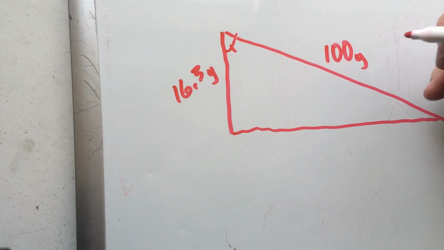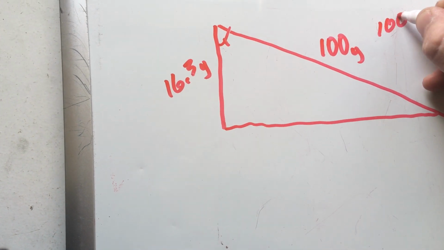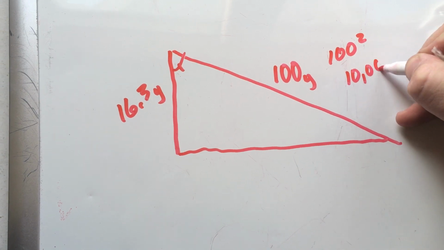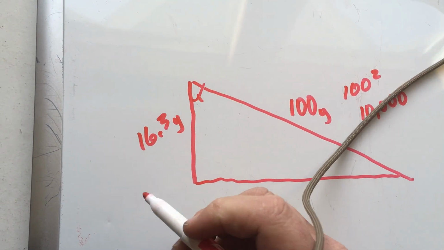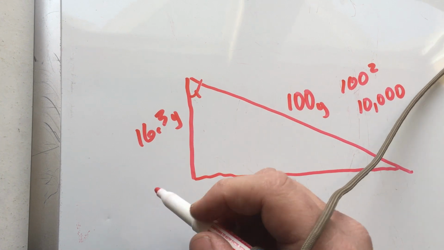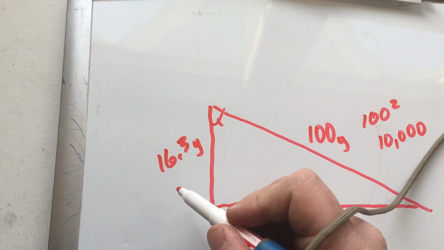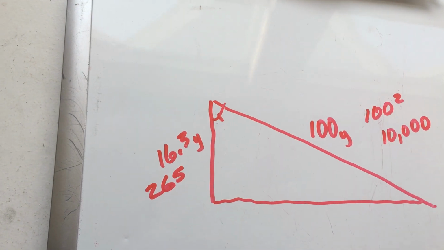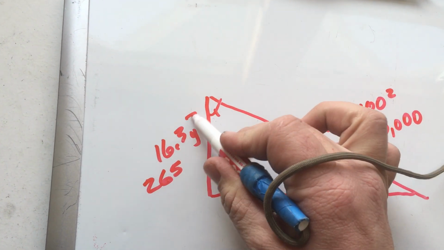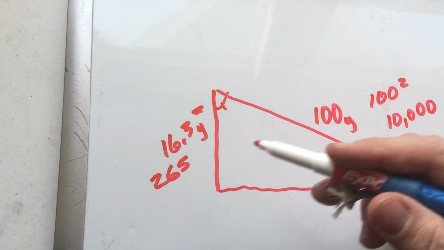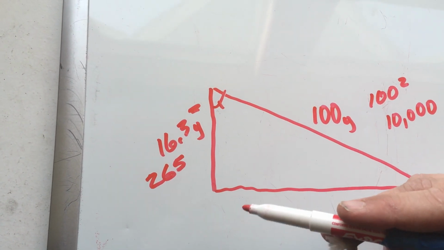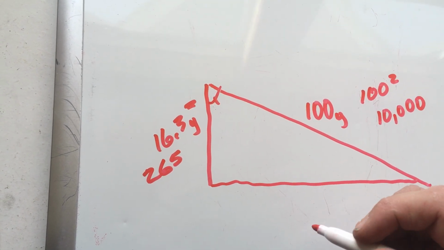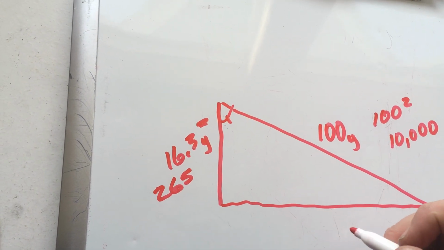But for a 100-yard shot, we're going to take 100 squared, which gives us 10,000. Then we take 16.3 squared, which gives us 265. And a squared plus b squared is equal to c squared. So if we take 10,000 minus 265, that's going to give us a number.